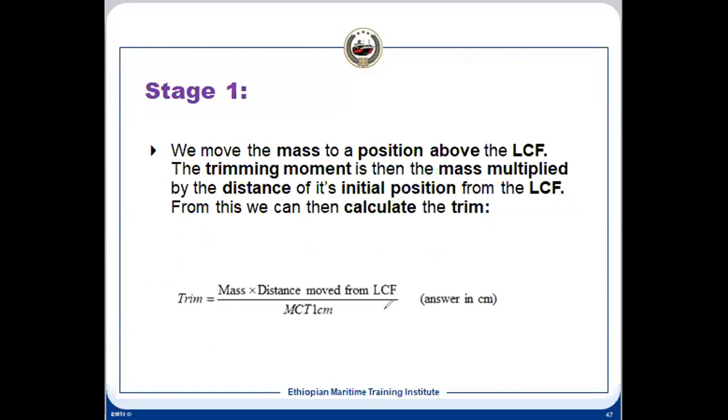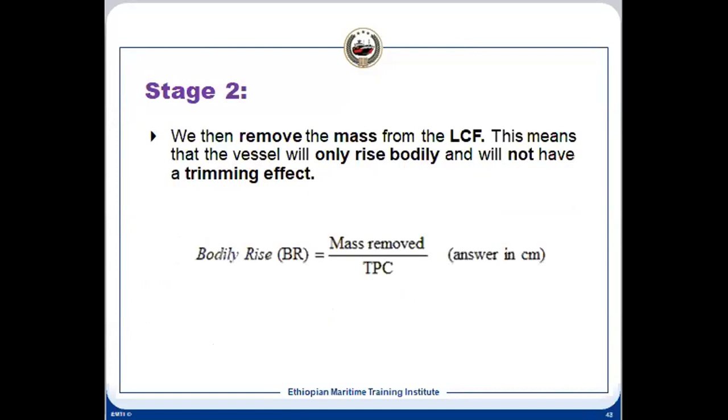In that case, when you are discharging, we know the trimming moment, that is the mass multiplied by the distance moved from the LCF, divided by MCT 1 centimeter. In centimeter we have calculated, that is step 1. And step 2 is exactly the same, only the reverse way. So bodily rise we calculate: how much mass we have removed from the ship we know, and TPC is known to us, so we can get it in centimeter.